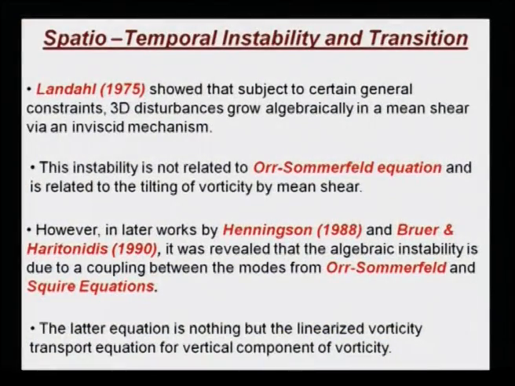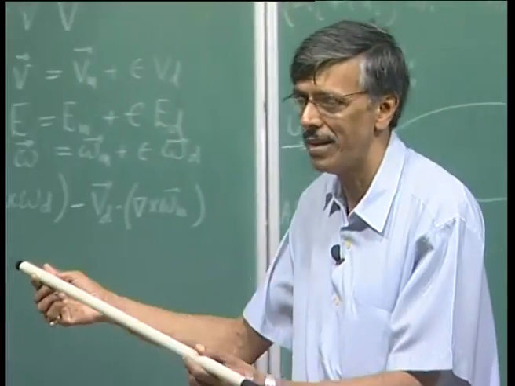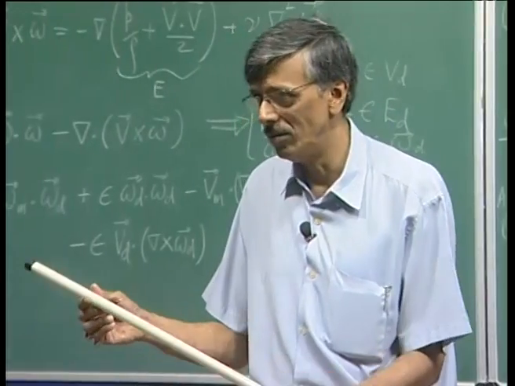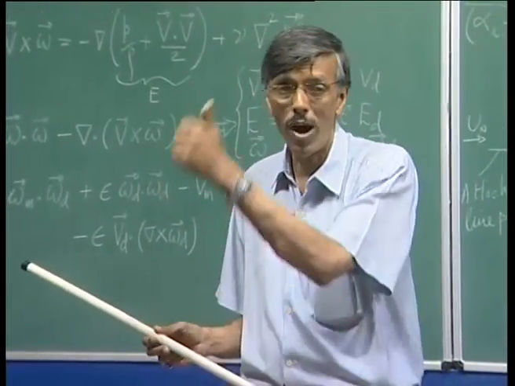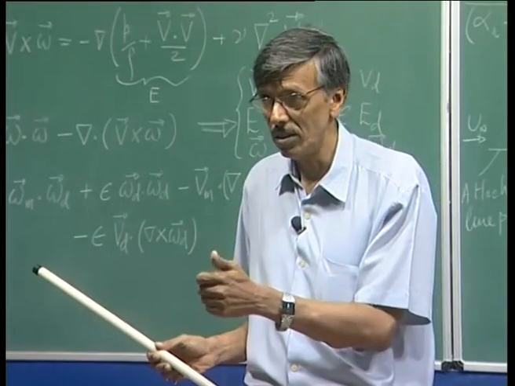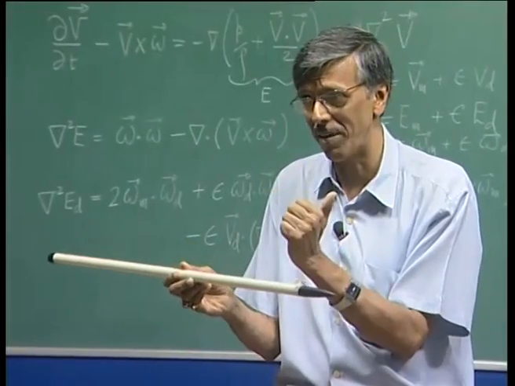But if you look at the vertical velocity component, then the vertical component of vorticity, the corresponding equation is called the Squire equation. So, you may have an Orr-Sommerfeld mode in the xy plane, and then you can look at the vorticity in the y direction, right? Because if I have a flow in the xy plane, the vorticity is already in the z direction.